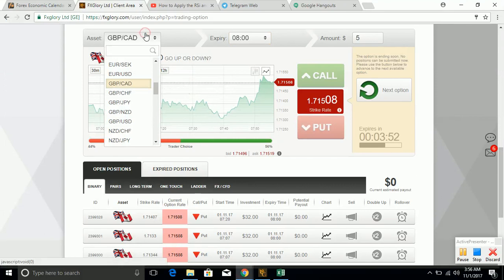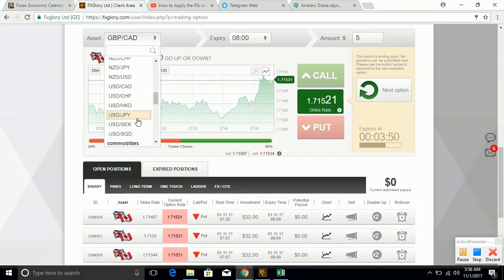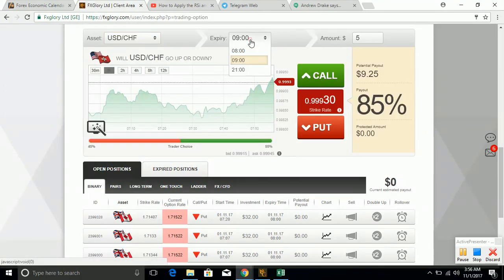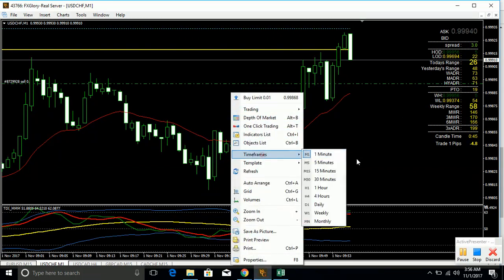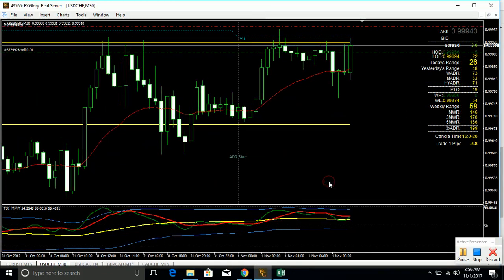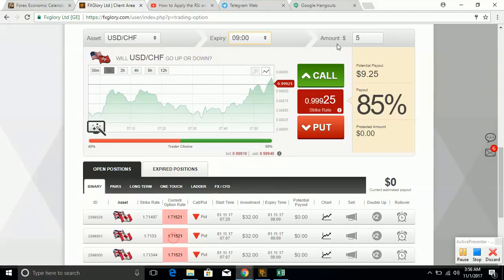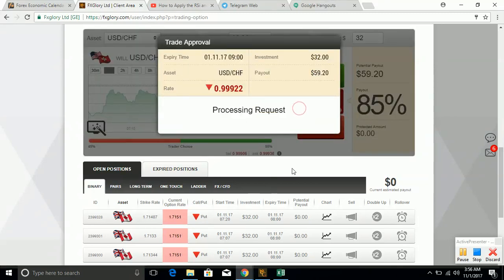So what we're going to do on this USD we have a 9 o'clock expiry. Which will place us there. And stay on a $32 trade.